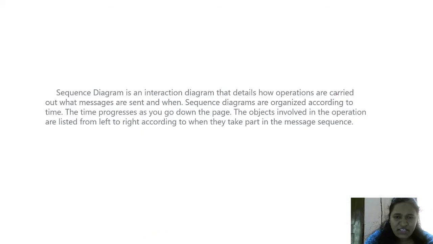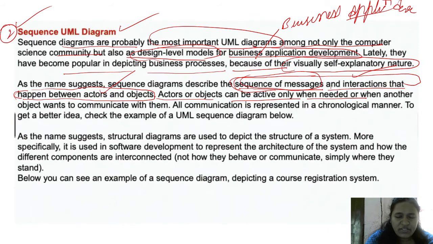And interactions: actors or objects can be active only when needed. Suppose this is an actor. Whenever it is needed, then only it is active. After that it will be deactivated.